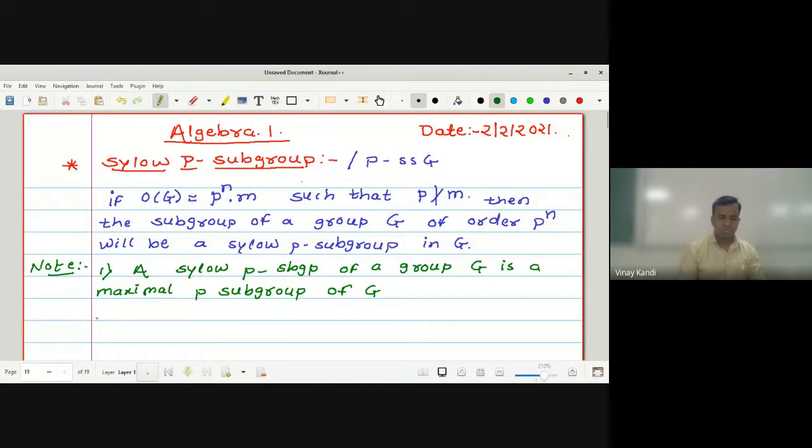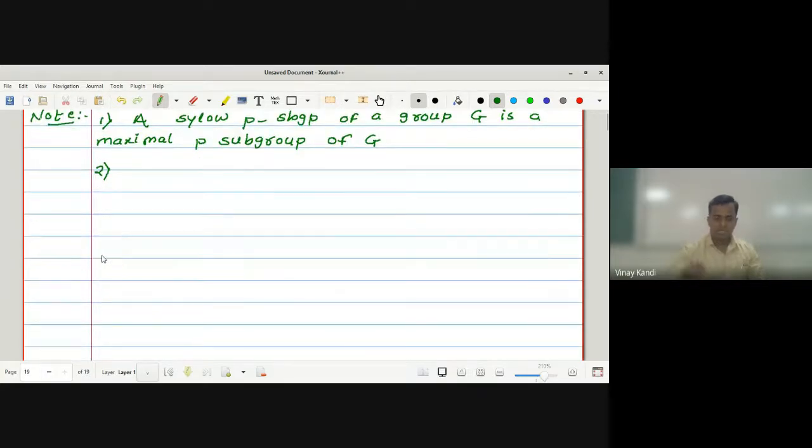So the second note is there. What is the second note?